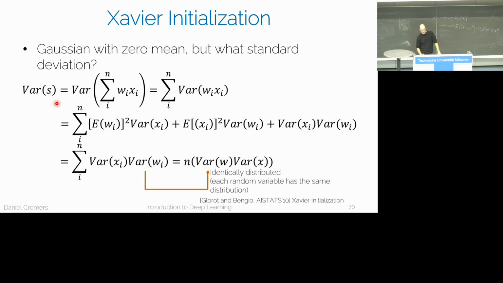The score is attained by summing weight times input, and the variance of this will grow if the weight is larger, and also if I have more neurons. If I have twice as many neurons, I can expect the variance to be twice as large, and this is what explains the factor n here. So the result is pretty obvious.